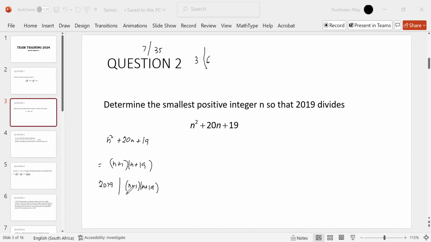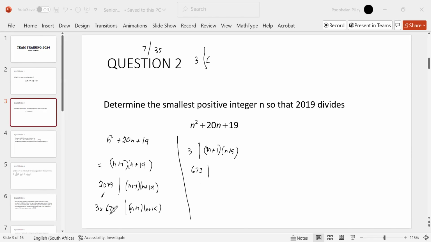Okay. Now, this is a very big number, but it does factorize. This problem obviously occurred in the year 2019. So 2019 is 3 multiplied by 673, which means that 3 is a factor of n plus 1 into n plus 19, and 673 is also a factor.